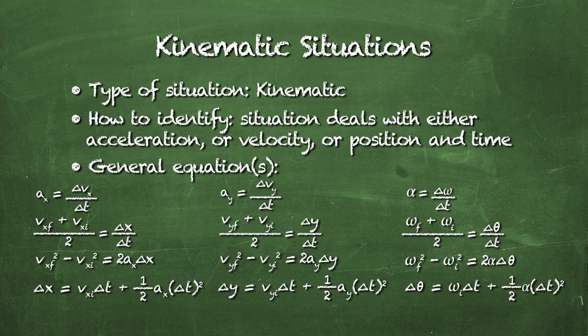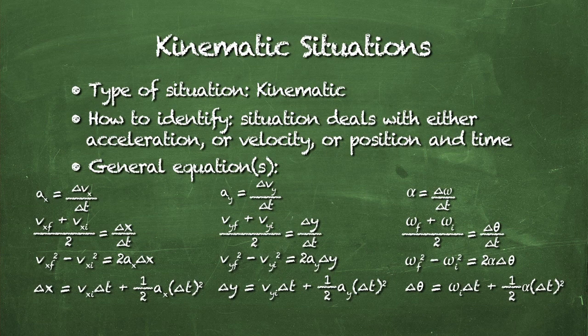So for rotation, we would have angular acceleration is equal to the change in angular velocity divided by change in time, angular velocity final plus angular velocity initial divided by 2 is equal to change in theta, the angle, divided by the change in time, and so on and so forth. You have the same set of equations for rotation as you do for motion in x and y.